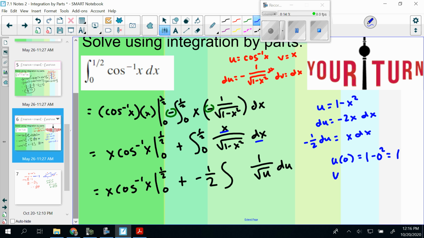And if we put 1/2 in there, we got 1 minus 1/2 squared. That's going to be 1/4, or our new limit here then becomes 3/4. So we want to change these to both 1 and 3/4 here.